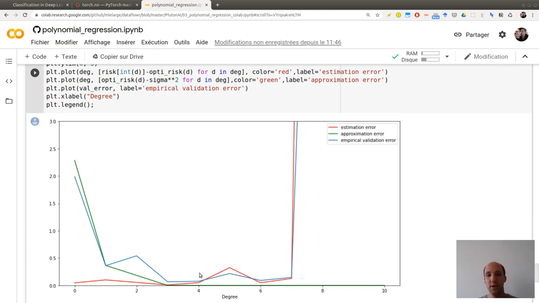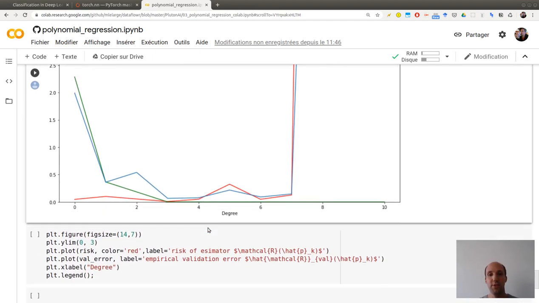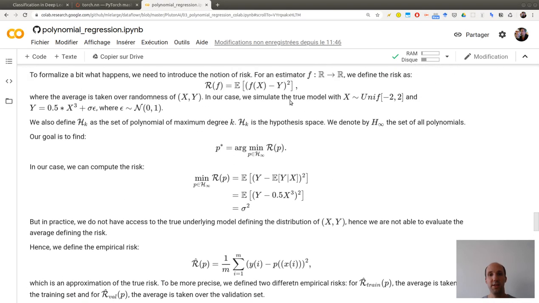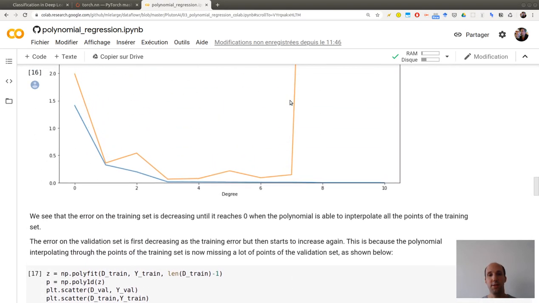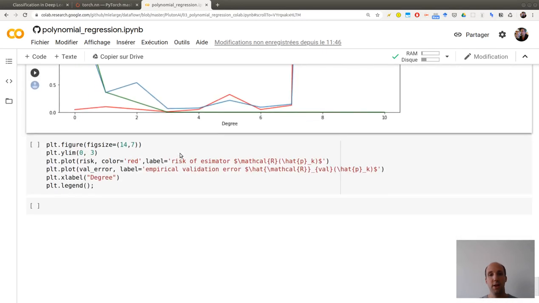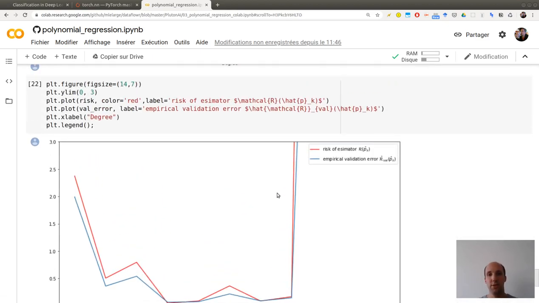And in blue here, it's the empirical validation error. So the empirical validation error, you see that it's a U shape, as before. This is exactly this one. And you can compare it to the true one, so the risk of your estimator.